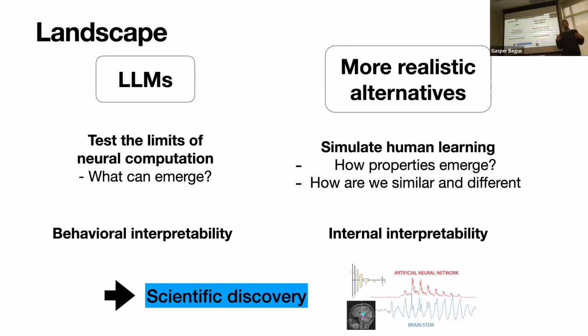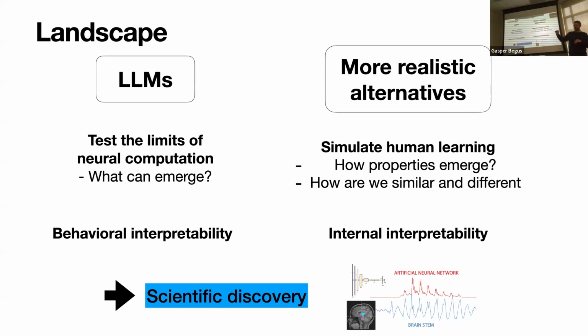So to me, they test the limits of what neural computation can do, but they don't answer questions like how artificial neural computation does X. And they're becoming very big, and it's very hard to do behavioral interpretability on them. Internal interpretability is hard too. It's hard to look inside them because they're so huge. There's no bottleneck. A lot of the time they're closed models to begin with. So what can you do?